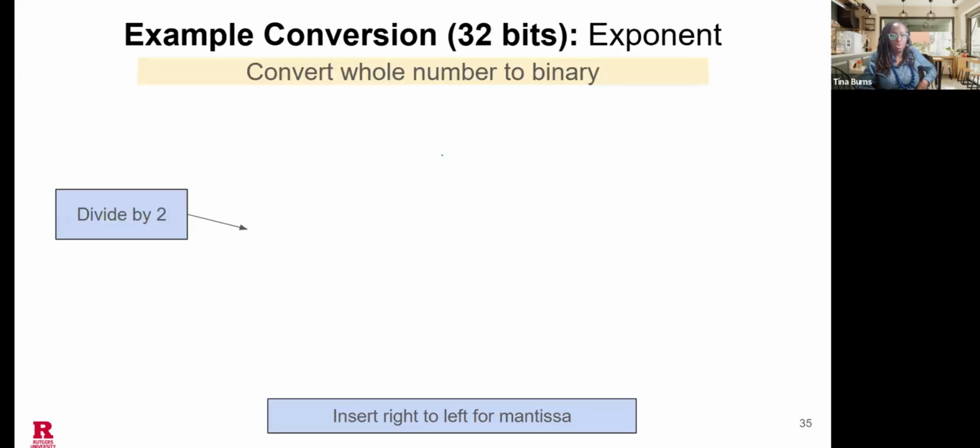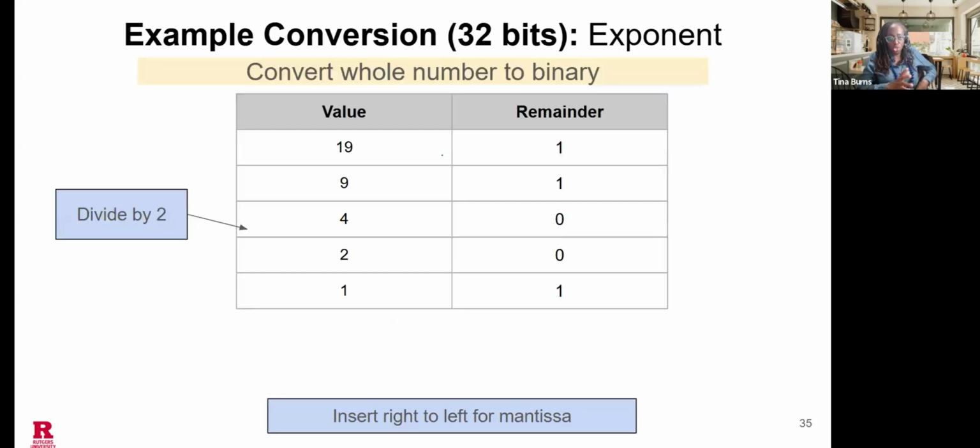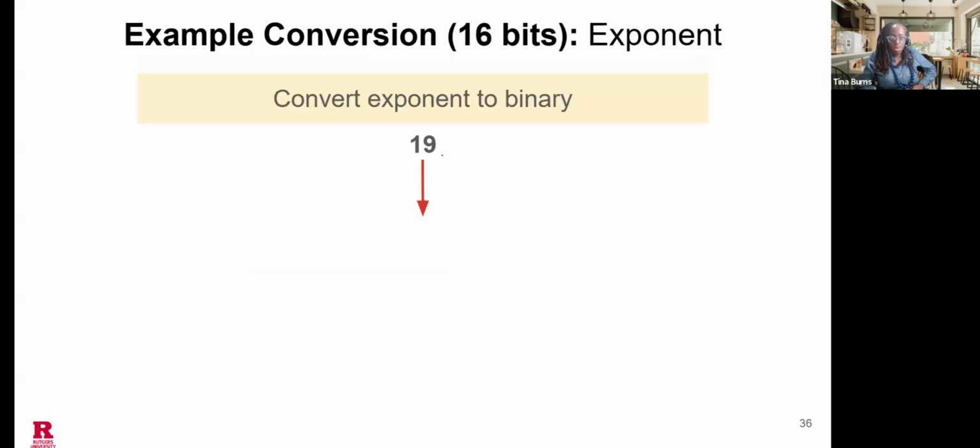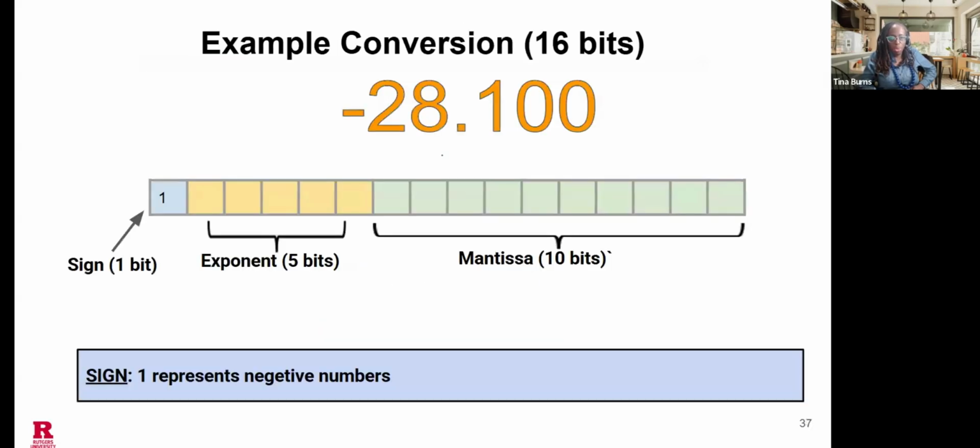Now we're going to take this and convert that to binary. You already know how to do this. We've already gone over a couple of examples, so you're pretty familiar with that. This is the number in binary, 10011. And now we put that all together. Our exponent here is 10011.